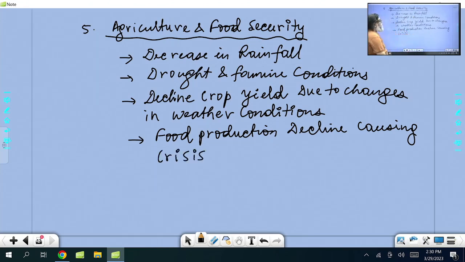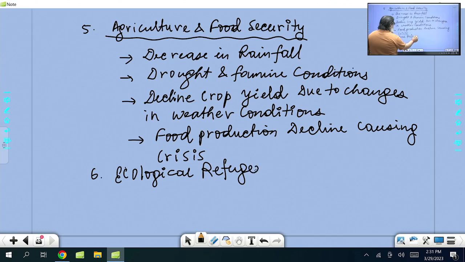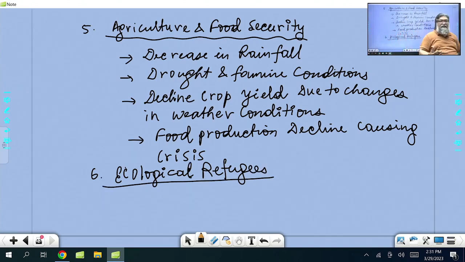Emergency situation. Again, what is the report saying? Report is saying this. Ecological refugees. One refugee we talk about is impacted by war or ethnic violence. But another type of refugees are those forced to migrate because of climate change impact.